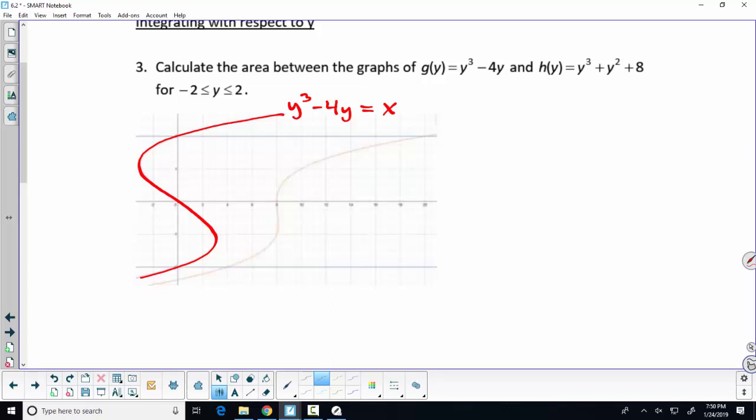And I don't have an orange, so this one will be our y cubed plus y squared plus 8. Okay, those curves don't intersect, but it does tell us to find the region bound by those two curves, y equals -2 and y equals +2.